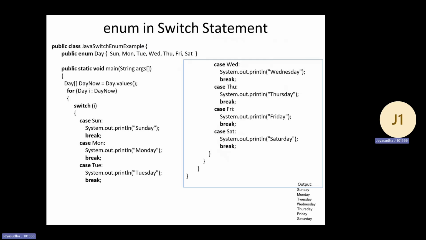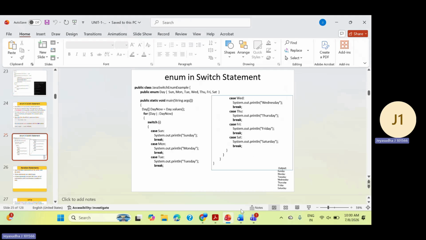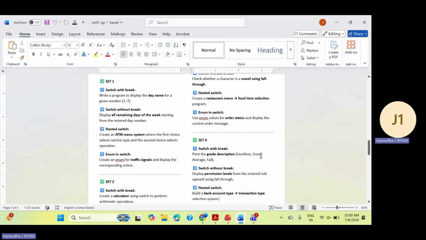So we will see some examples that you want to do. We will move on with some exercises here. I want you people to display, you can see the first set. You can write a program to display the day name for a given number 1 to 7.